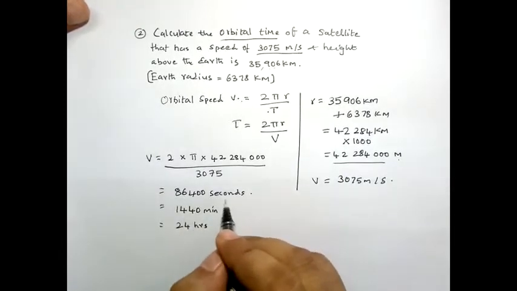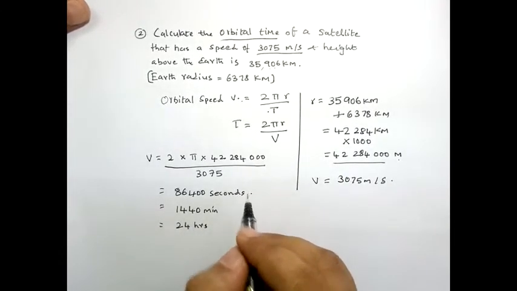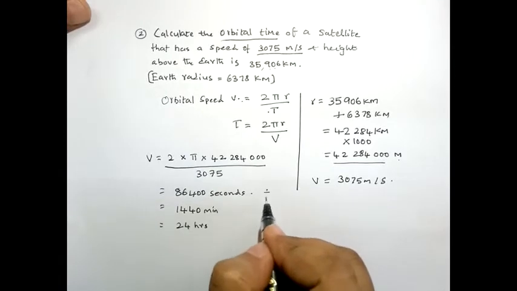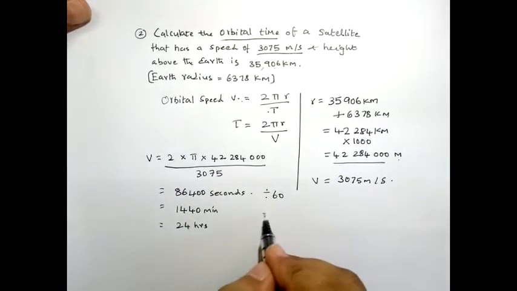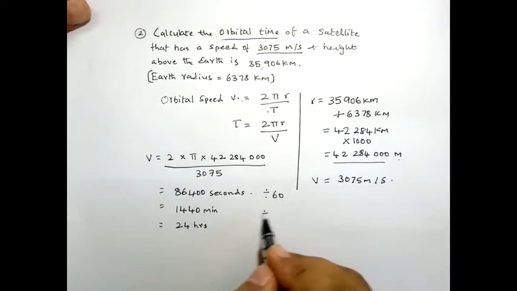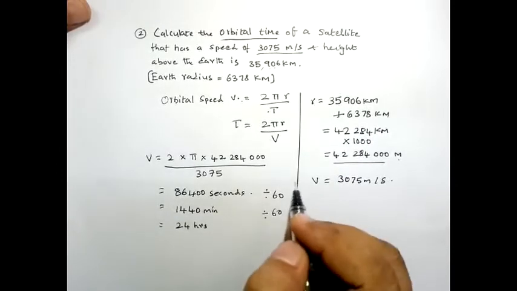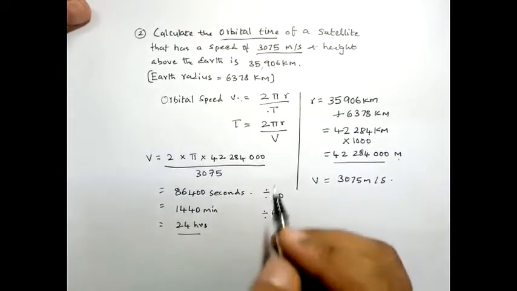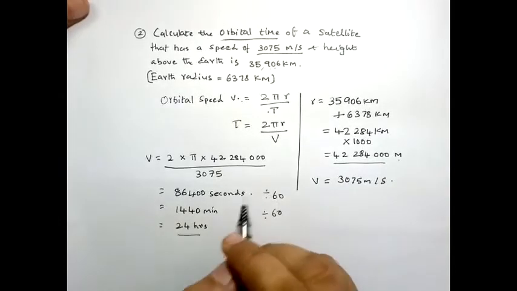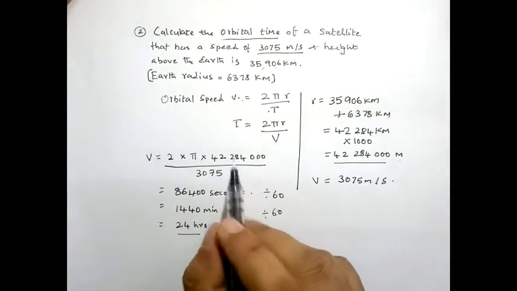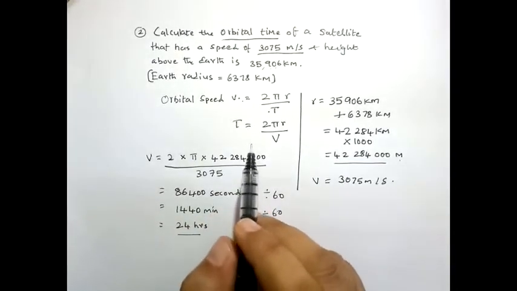How do we convert it? That's very simple. You just divide this by 60, and the minutes, if you want to convert them into hours, again divide by 60. You get the final answer, 24 hours. So this is how you are going to do this problem.